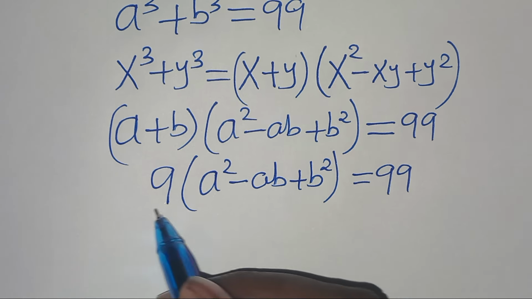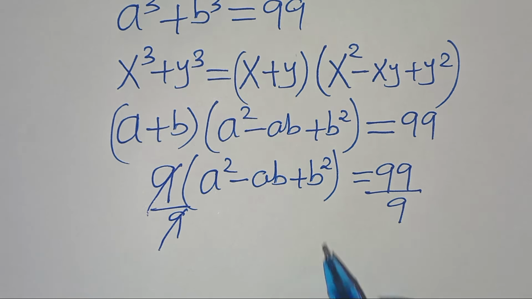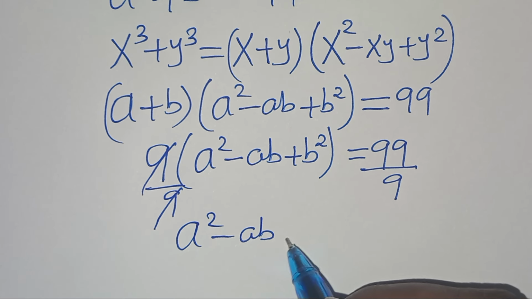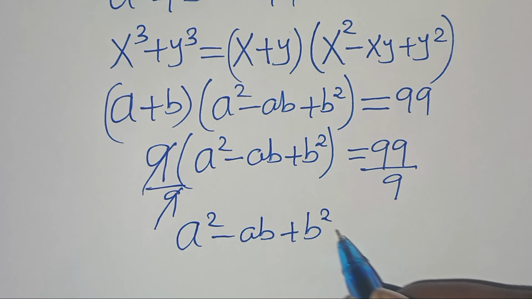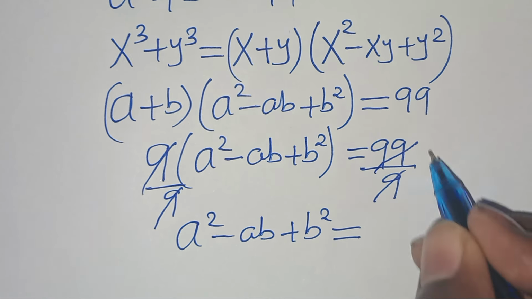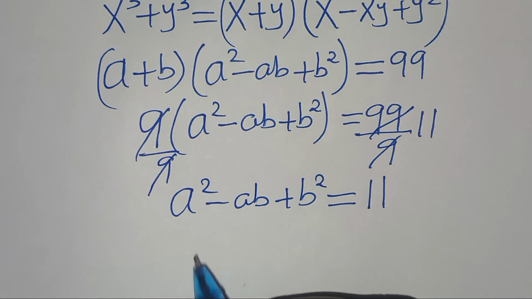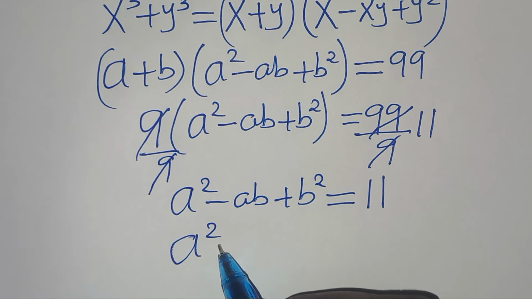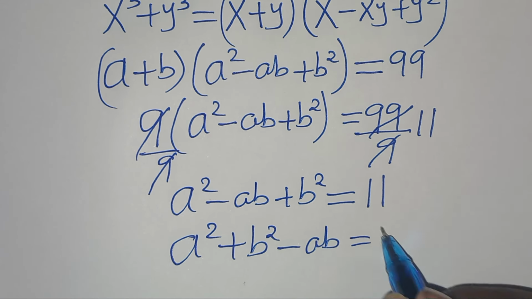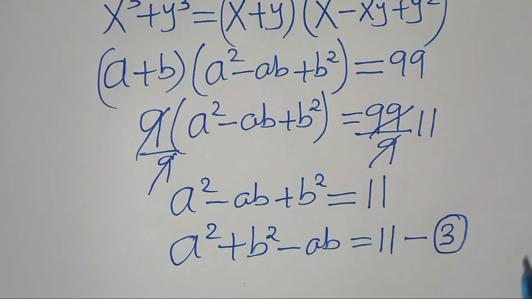Now, let's divide both sides by 9, so that here we have a squared minus a times b plus b squared. This is equal to 99 divided by 9, and this is equal to 11. So this is a squared plus b squared minus a times b. This is equal to 11.